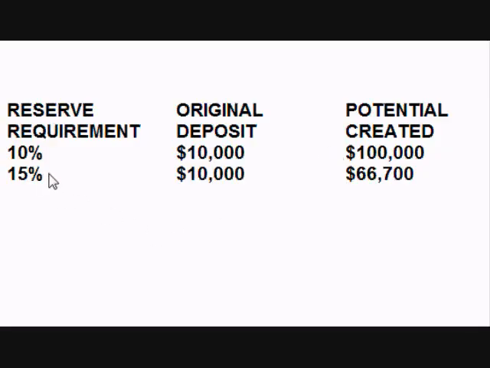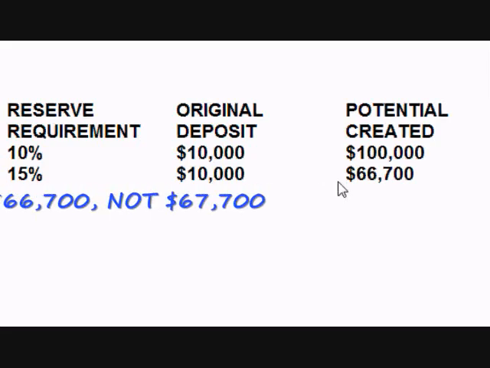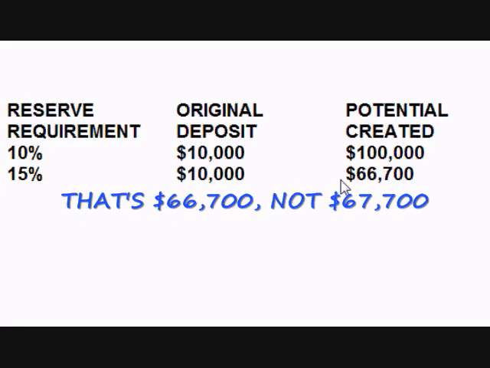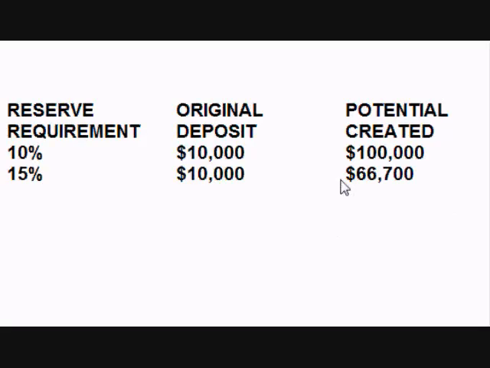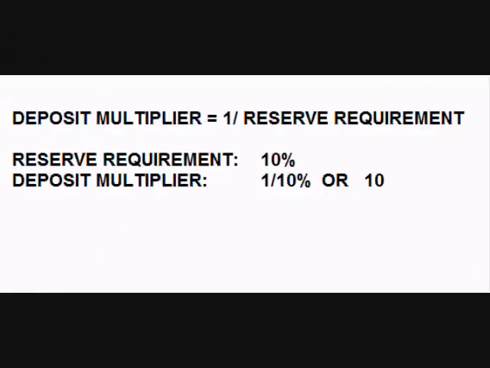If the reserve requirement is 15%, a $10,000 deposit has the potential of creating only $67,700, or 6.7 times the original deposit. Just raising the reserve requirement from 10% to 15% reduces the amount of potential money being created by a third.